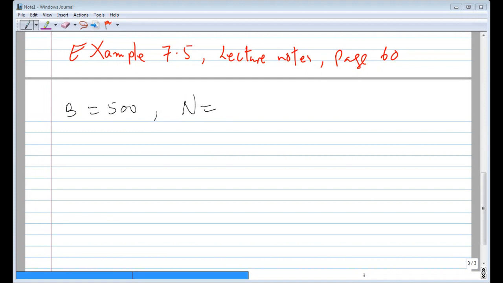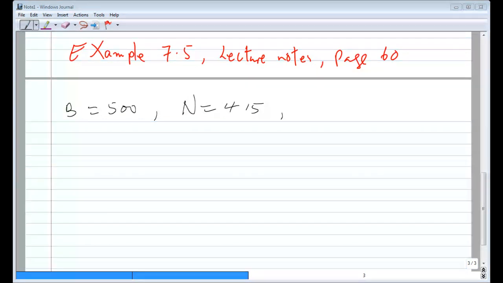The number of clusters in the population is what? 415. Thank you very much. It's 415. That is another piece of information that is required.